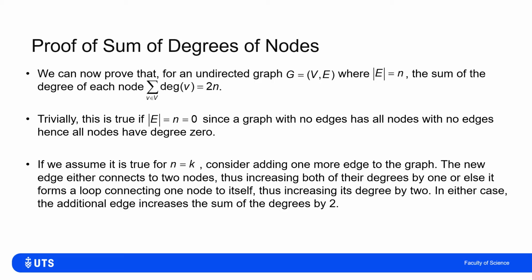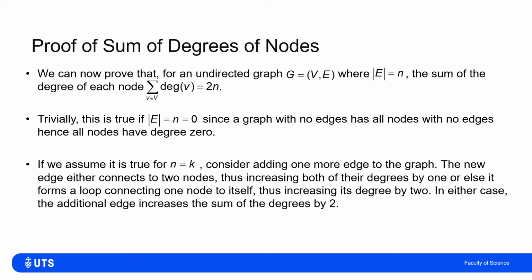Now I can do this by an inductive proof: if I assume that it's true if I had k edges, if I add one more edge to the graph, one of two things happens. Either the new edge connects two nodes that weren't connected before, in which case it's increased the degree of those two nodes by 1 each, so it's increased the sum of the degrees of nodes by 2.